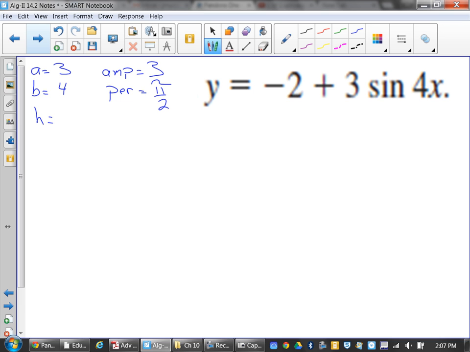What's your H? 0. Your H will always be within parentheses. Since there's no parentheses, there's no H, which means there's no horizontal shift. And then your K value is the -2. This book tends to put the K value sometimes in front or sometimes in the back, just to annoy you.